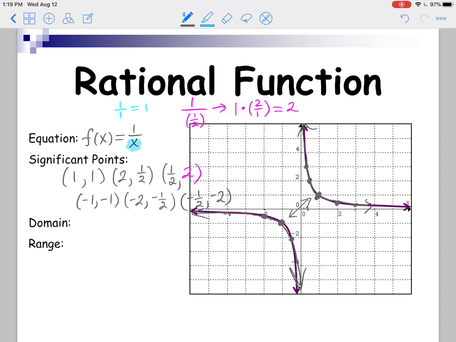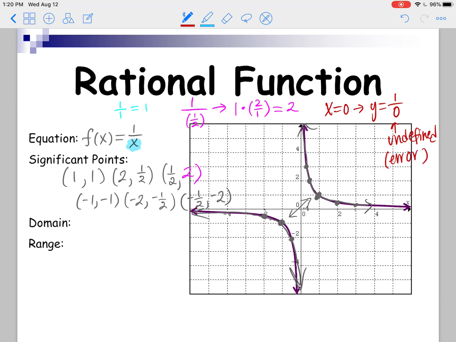And the reason why that happens is we have to look at what happens when we plug in x equals 0. And so if I try to plug in x equals 0, I would get y equals 1 over 0. And then 1 over 0 is undefined. If you were to type 1 divided by 0 in your calculator, it would say error.